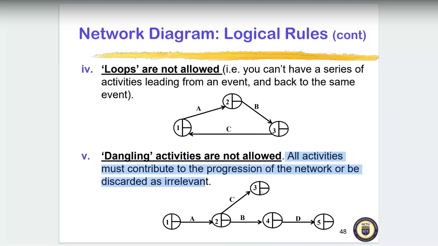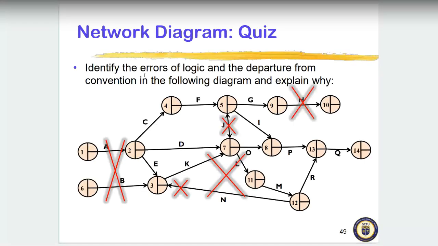When we are finding something, a number, or maybe calculating something, we don't even use it because it doesn't contribute. It is a dangling activity. It is not involved in the progression. Okay, so this one says: identify the errors of logic and the departure from convention in the following diagram and explain why.